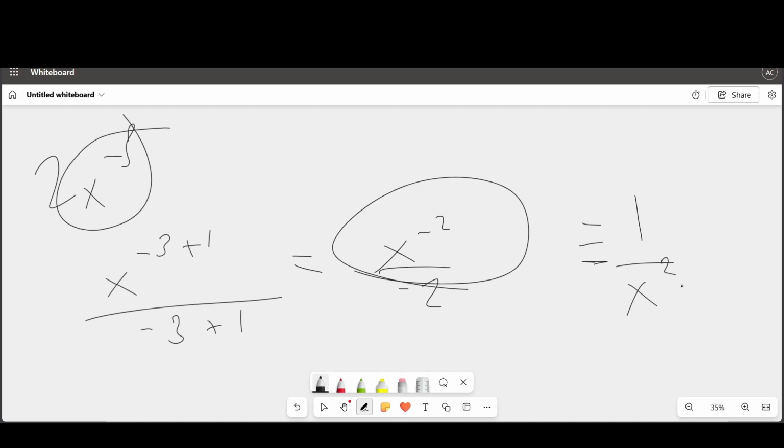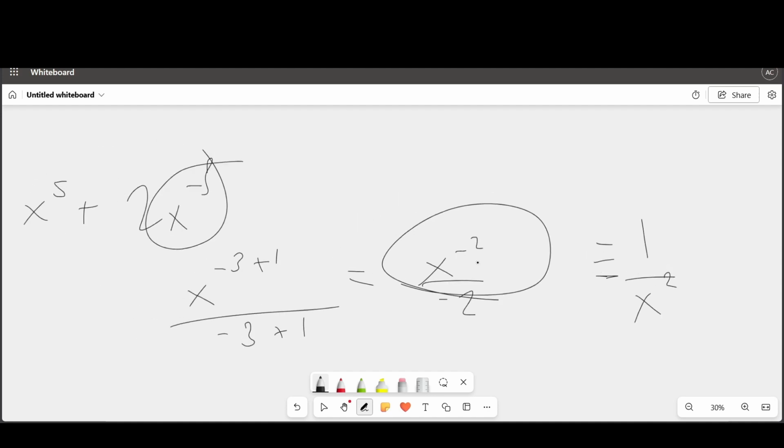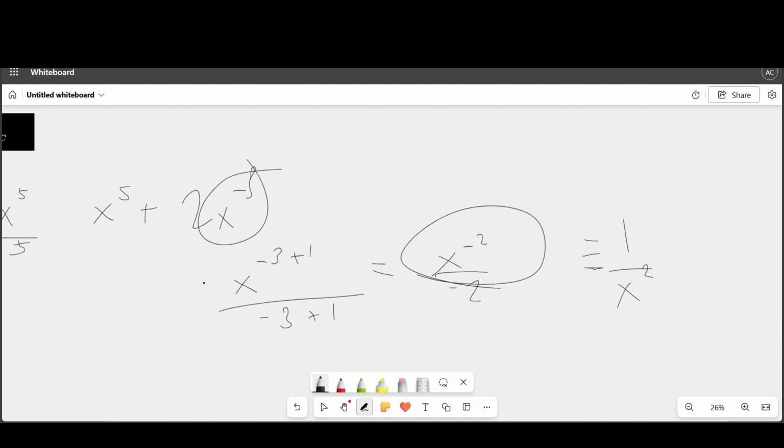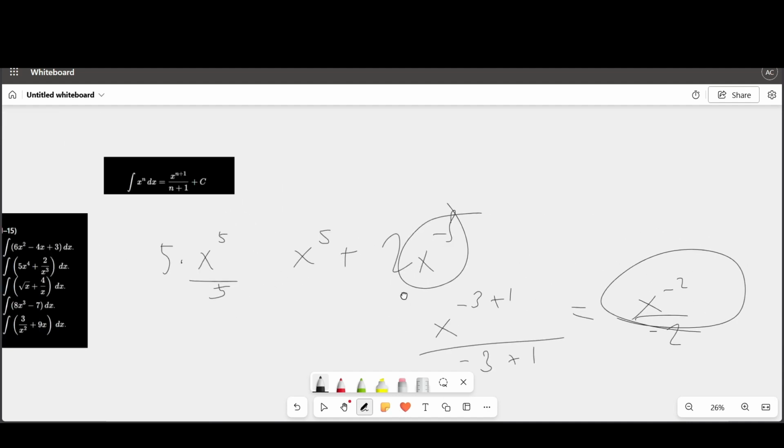And I believe we're just going to multiply that by 2, that's going to be negative.